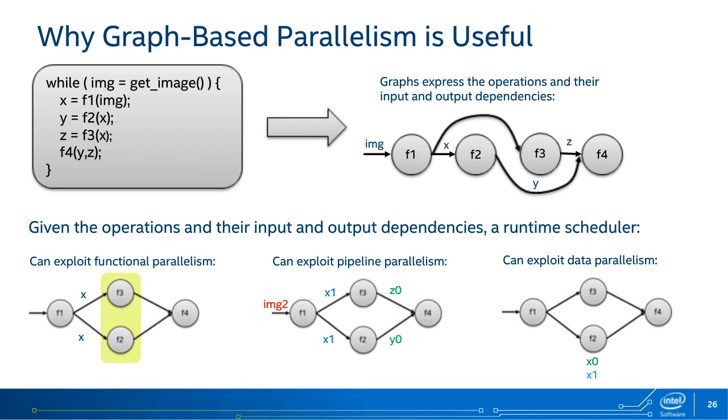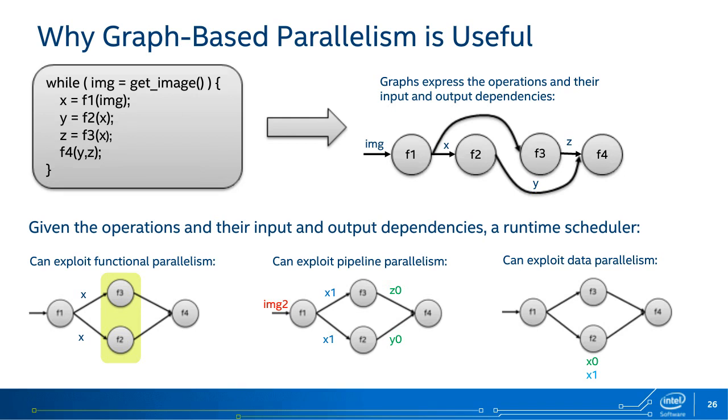A runtime library could detect that the functions F2 and F3 can be executed independently on X because they don't depend on the output of each other. They're only dependent on the output of F1. So a library could schedule these two functions in parallel on the same piece of data X.